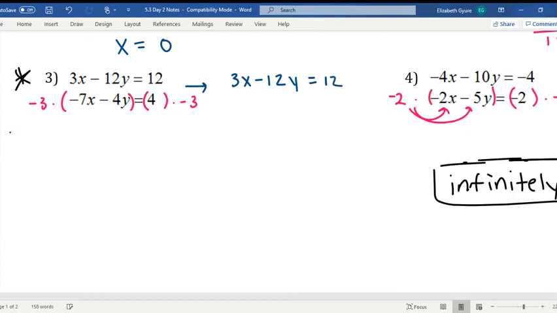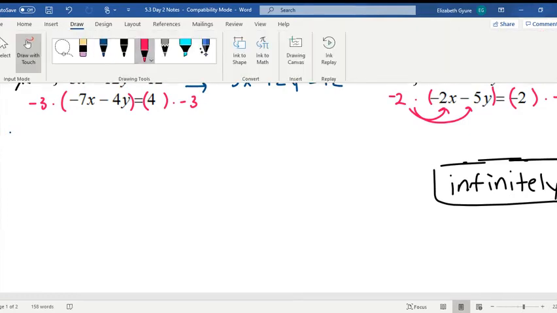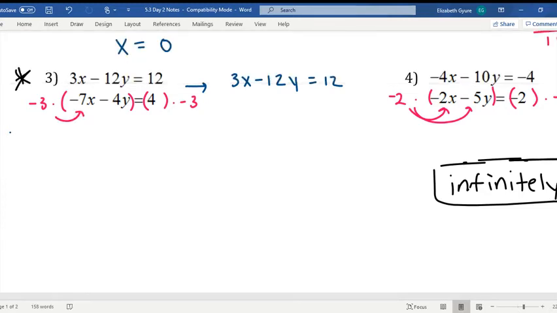3x minus 12y equals 12. And the bottom equation, we're going to distribute that -3. Aaron, what is -3 times -7x? 21x. All right. Olivia, what is -3 times -4y?